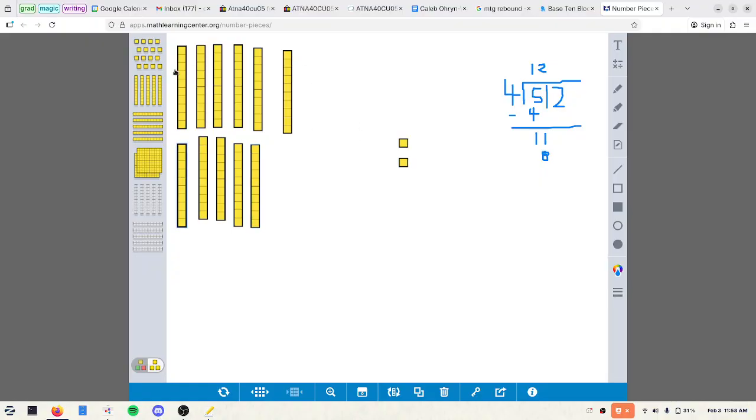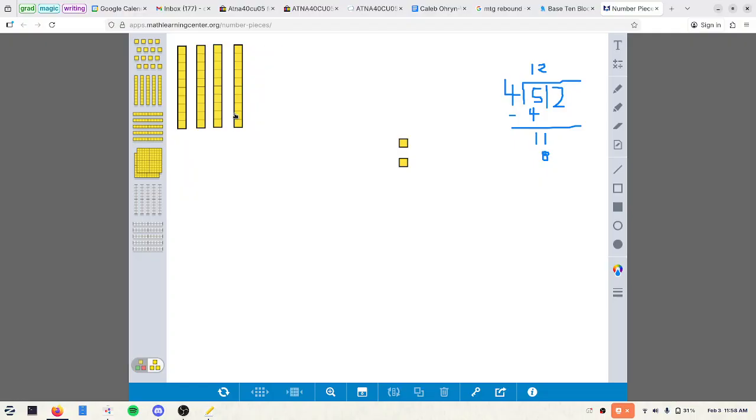Alright, so we have 11 tens over here, and we need to remove 8 tens. So 1, 2, 3, 4, 5, 6, 7, 8.